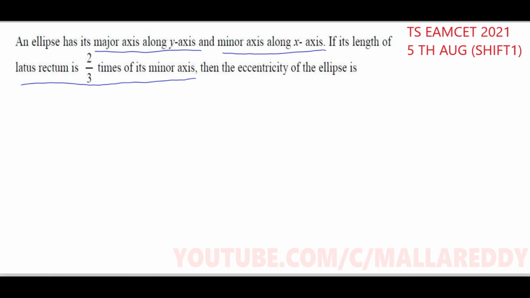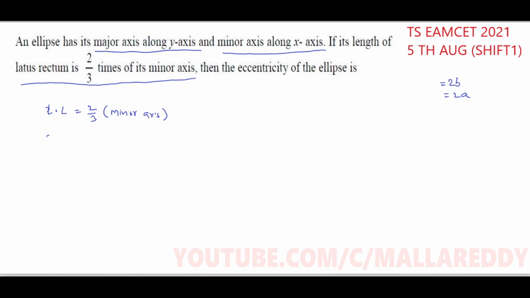Here the ellipse has major axis along y-axis, that means length of the major axis is 2b, and length of the minor axis is 2a, and length of its latus rectum is equal to 2 by 3 times of minor axis.